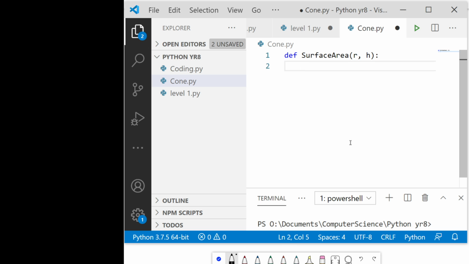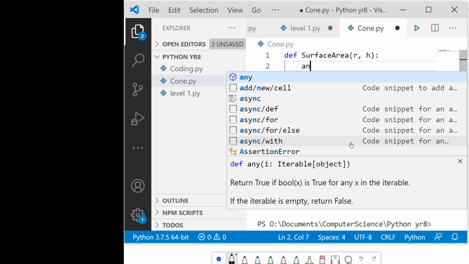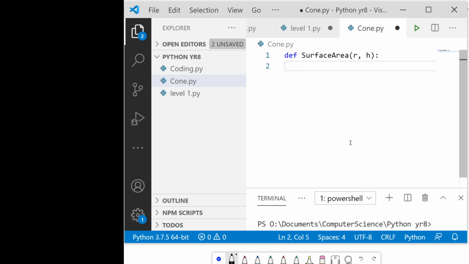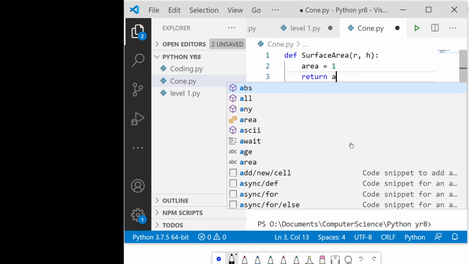A function returns an answer, so I'm going to say return. What should I call it? Area equals, and then I'm just going to put a dummy in for now. I'm just going to say 1. Oops, I'm doing C#. And then I'm going to say return the area.